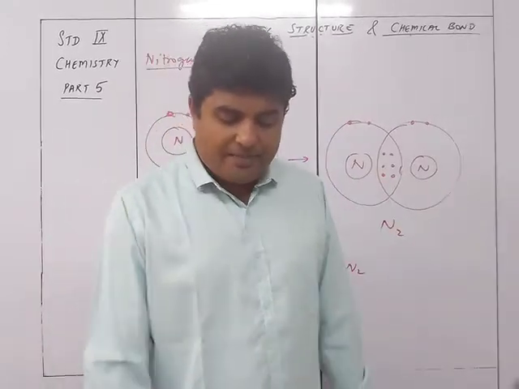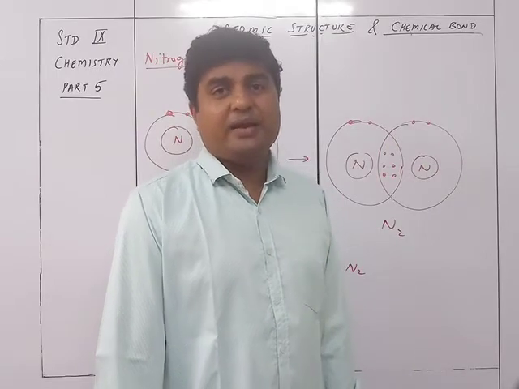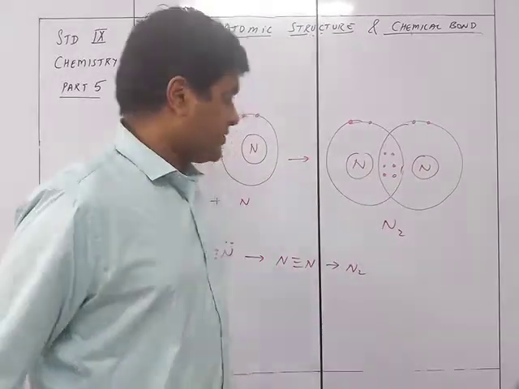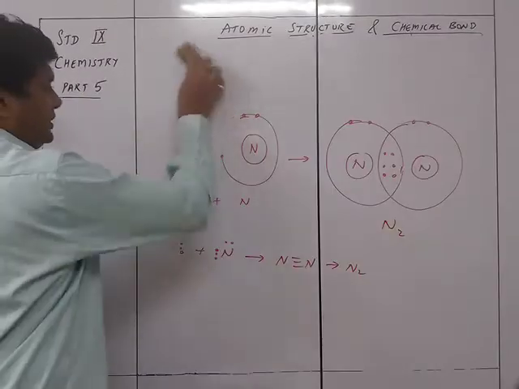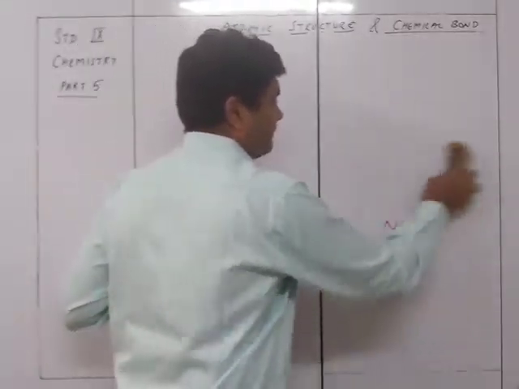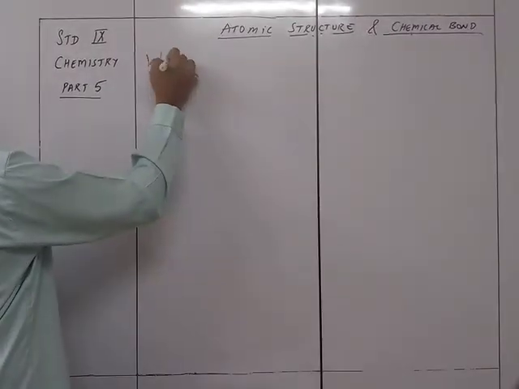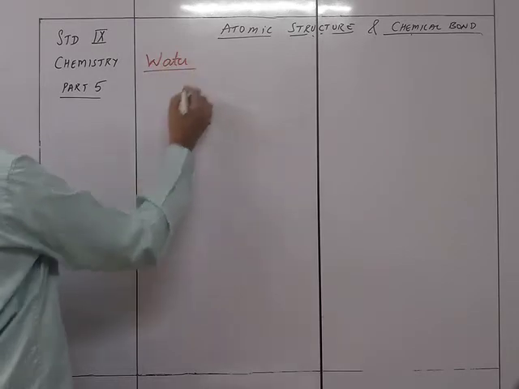Next are certain examples where two different kinds of atoms are combined together, like in the case of water. Let's see the orbital structural diagram of water. Water is going to be H2O.